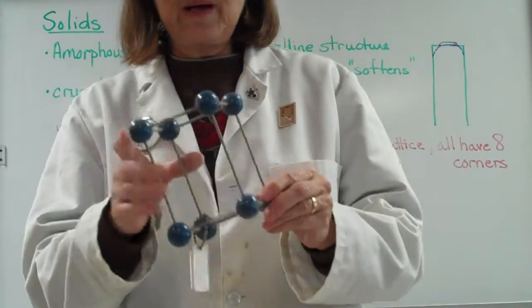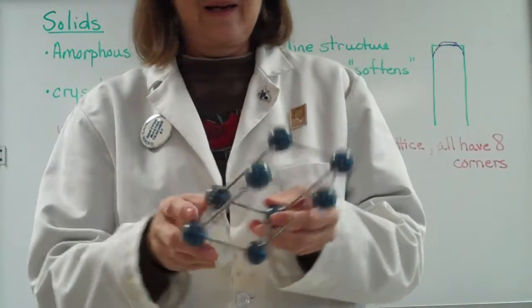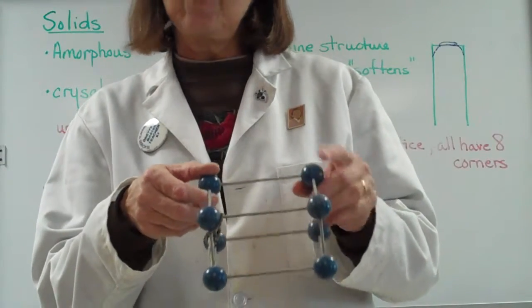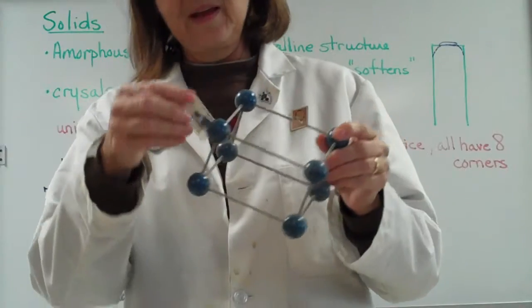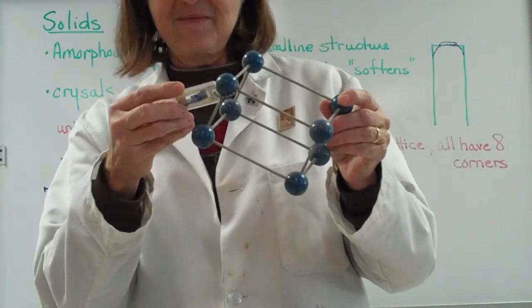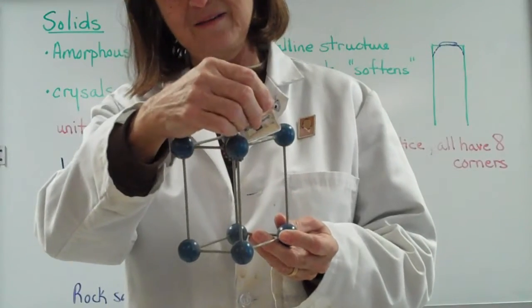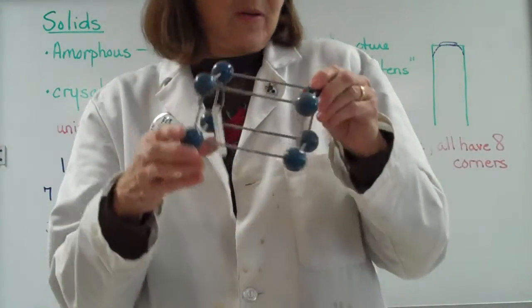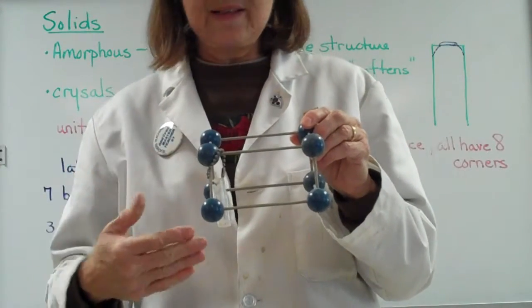And the last one would be here where A does not equal B and does not equal C. There are bond angles other than 90 degrees here. And this particular unit cell is called monoclinic. So, these also have variations which could be body-centered or face-centered.